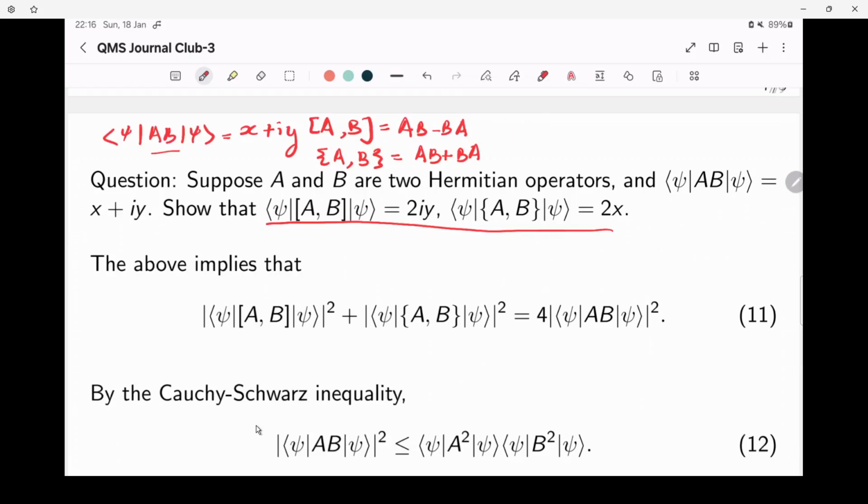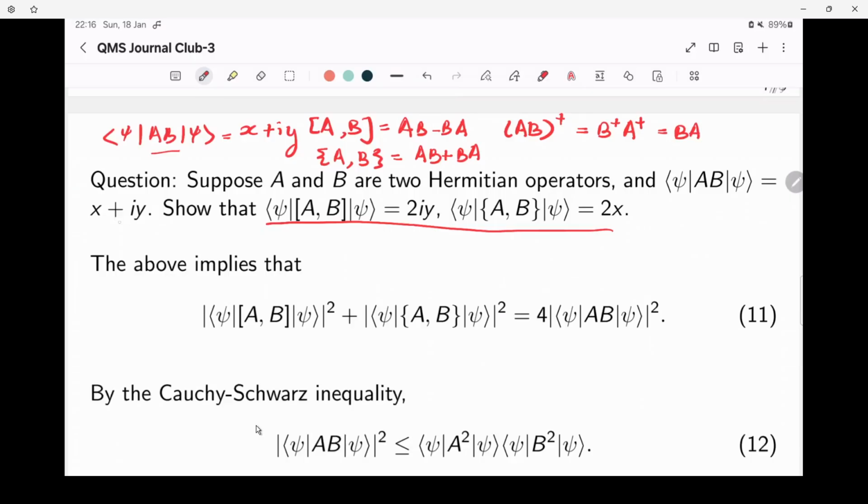And you know from the properties of transpose or the dagger, if you have AB dagger, you get B dagger A dagger. Because A and B are Hermitian, they are the same. So that's how you generate BA.